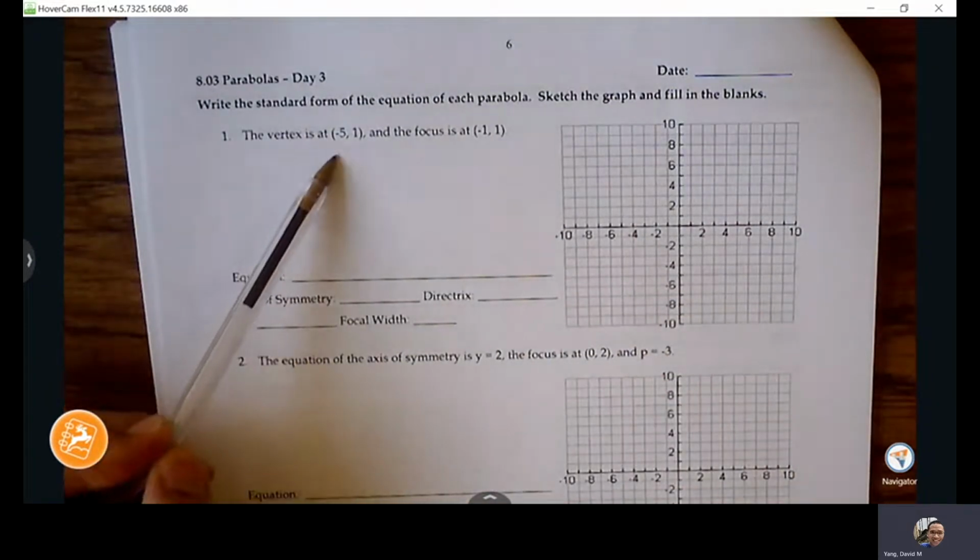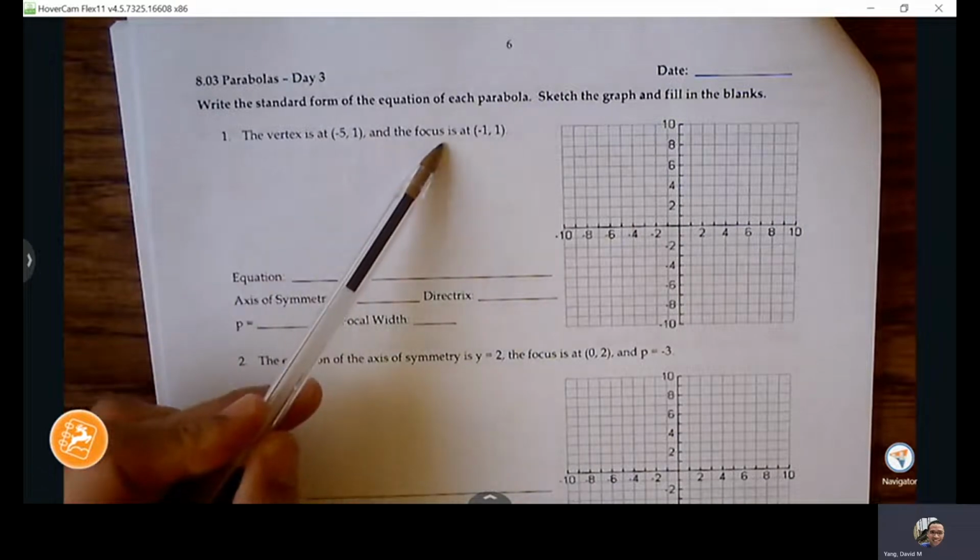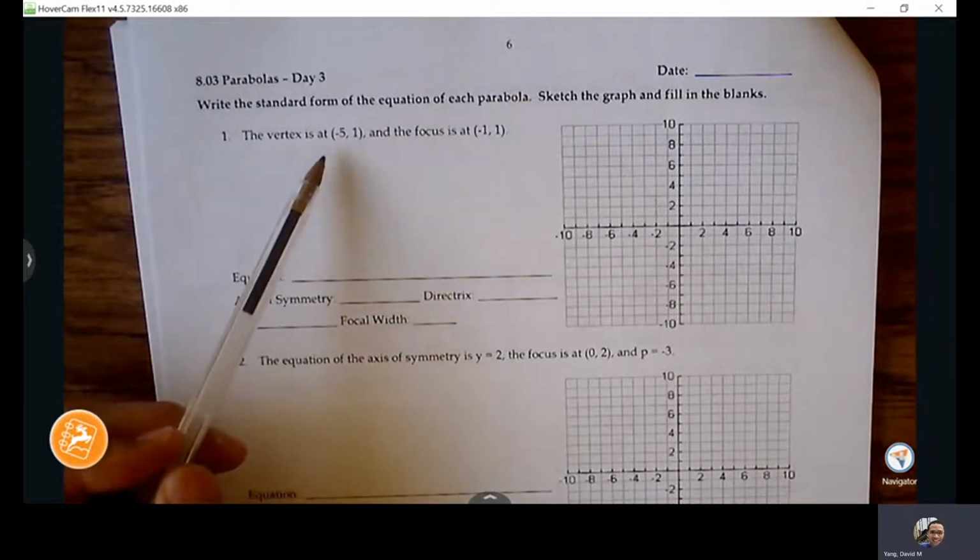All right, so vertex is -5, 1, and focus is -1, 1. Go ahead and plot those points.